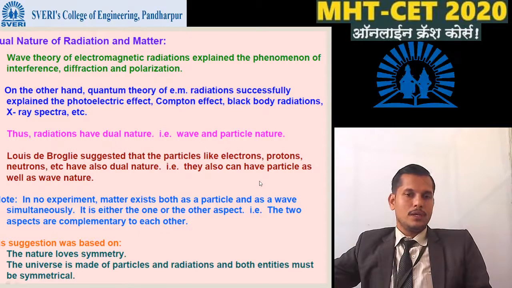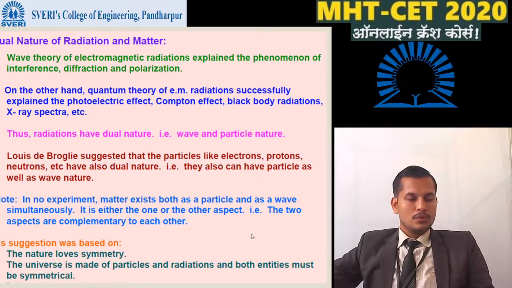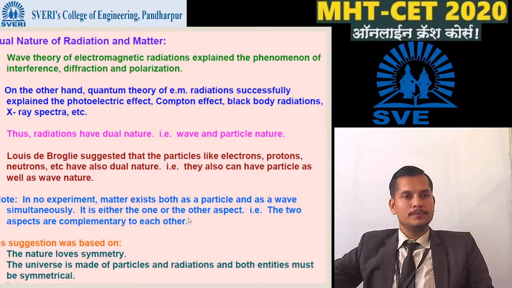So they also can have particle as well as wave nature. त्यालाच आपण matter waves असं सुद्धा म्हणतो. So in experiment if we check, so both aspects do not exist at a time. So 1 and 2 they are complementary to each other.